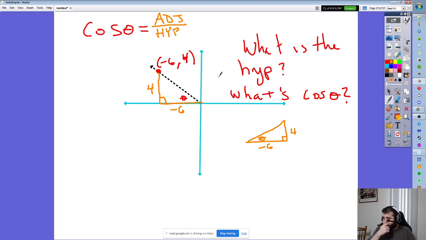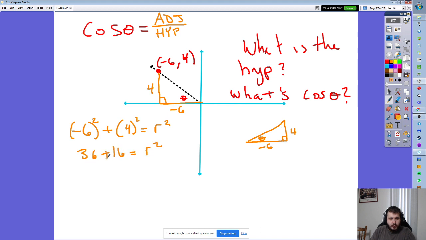Just like we did Monday and last week, if we don't have a side that we need, we use the Pythagorean theorem to find it, right? So a squared plus b squared equals c squared. What is that? That's 52, ain't it?